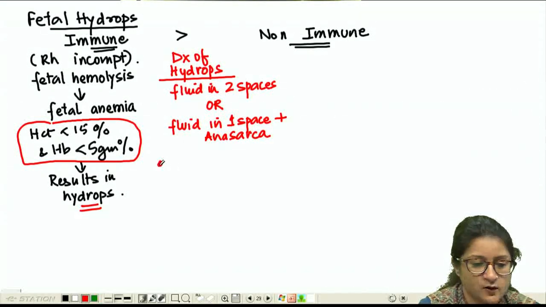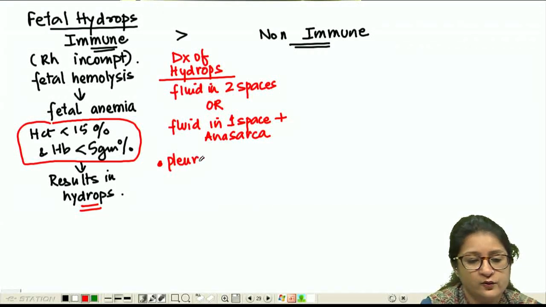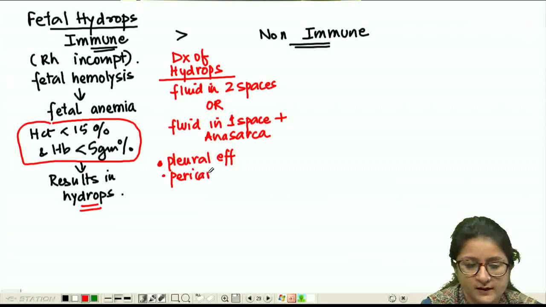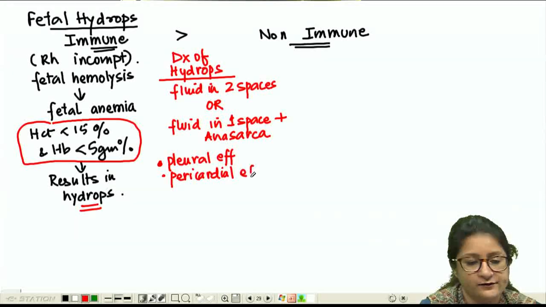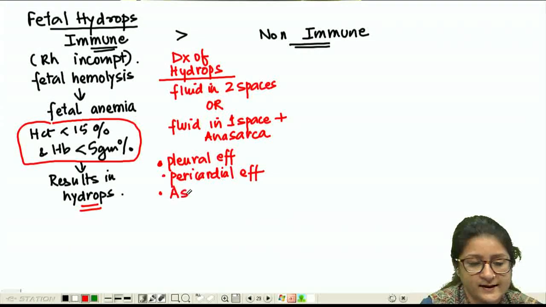Now what are these spaces we are talking about? We are talking about pleural effusion, pericardial effusion of the fetus, and ascites in the fetus. These are the 3 spaces, and anasarca.